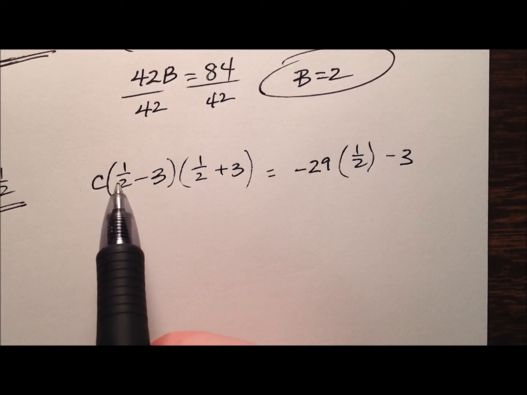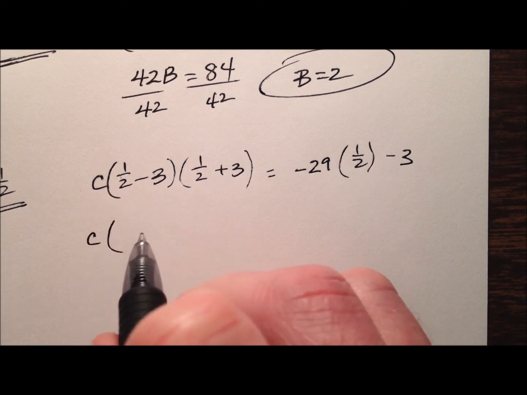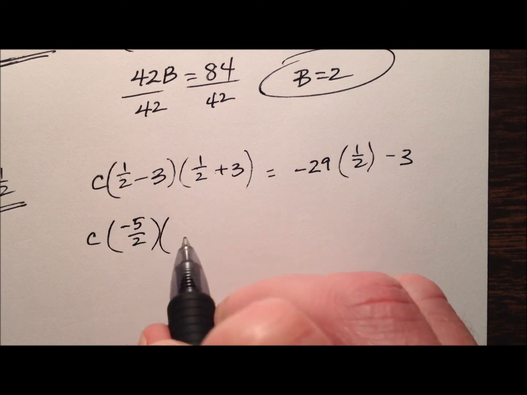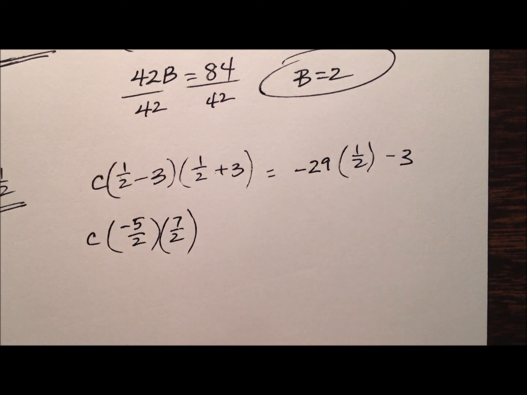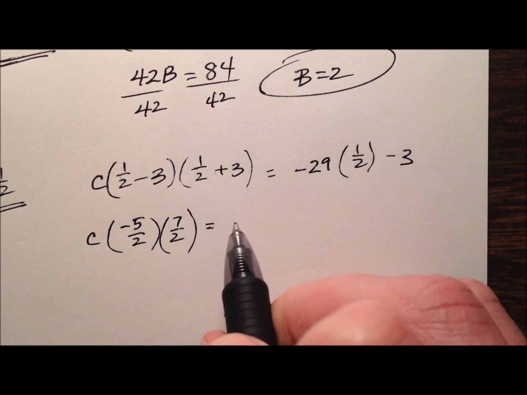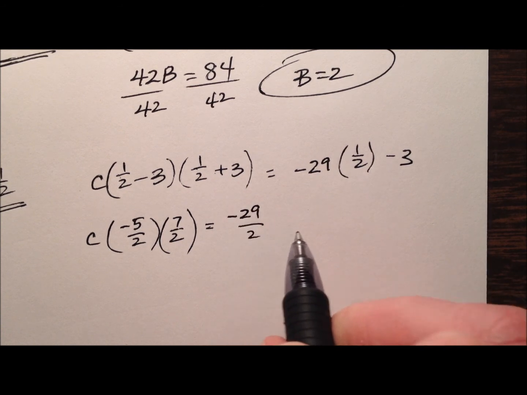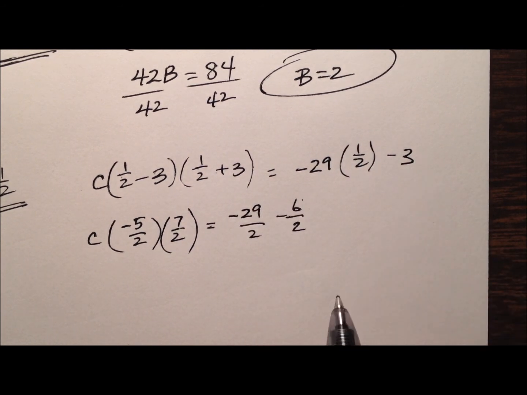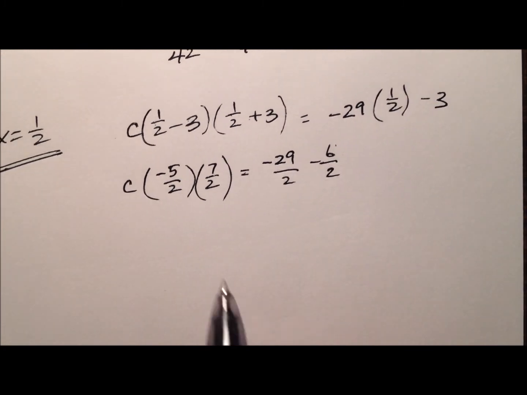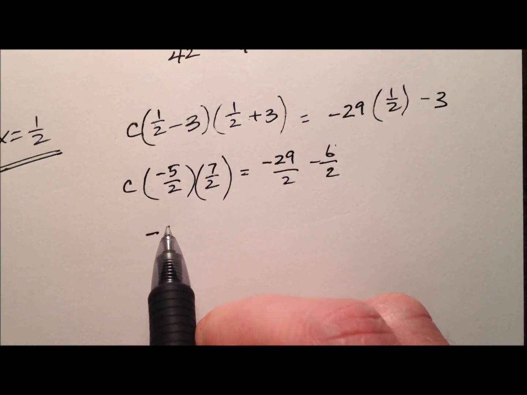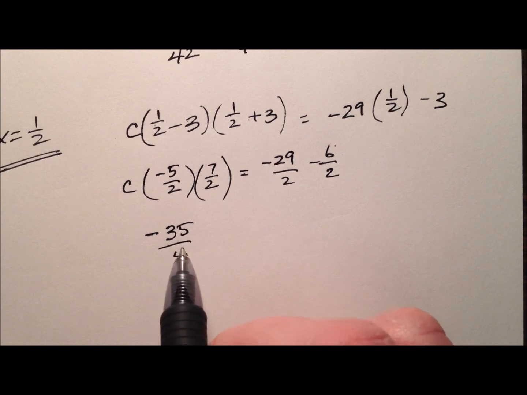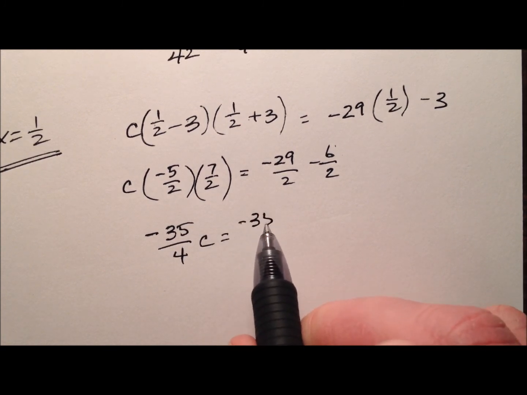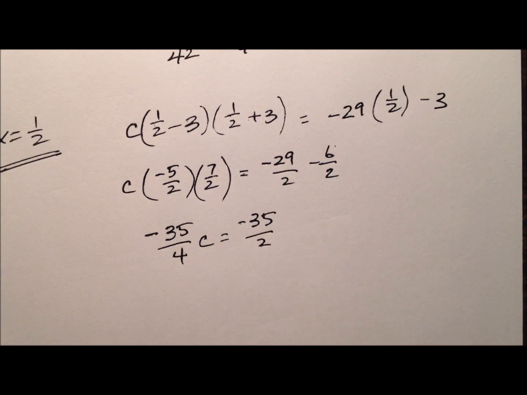Okay, so 1/2 minus 3 is going to be negative 5/2. 1/2 plus 3 will be 7/2. And this will be negative 29/2 minus 3, or minus 6/2. I can just get common denominators there. So this ends up being negative 35/4 c equals negative 35/2.